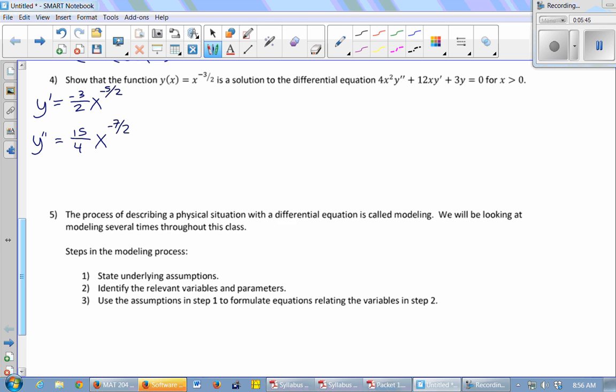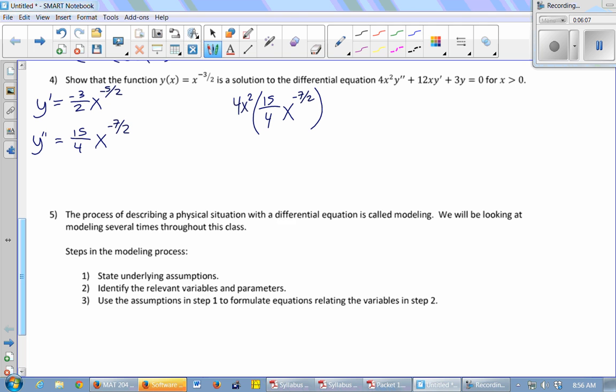So now I'm going to take those things, the y prime and y double prime, plug them all into the equation, and make sure that the two sides of the equation are actually equal. Okay, so I've got 4x squared, and then I have to plug in y double prime, which is 15/4 x to the negative 7/2.